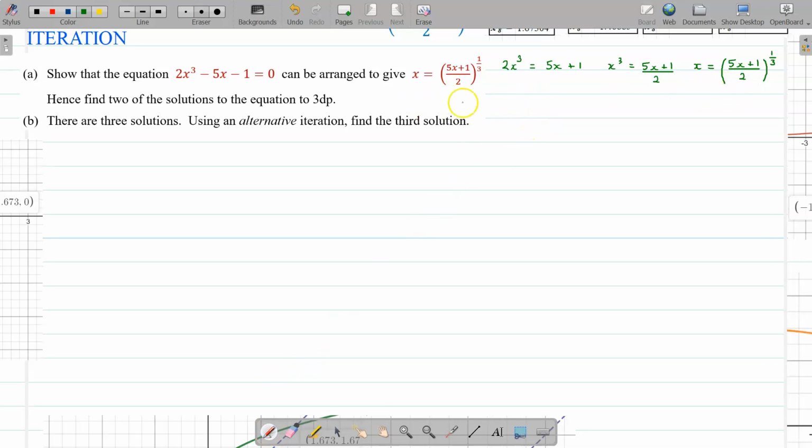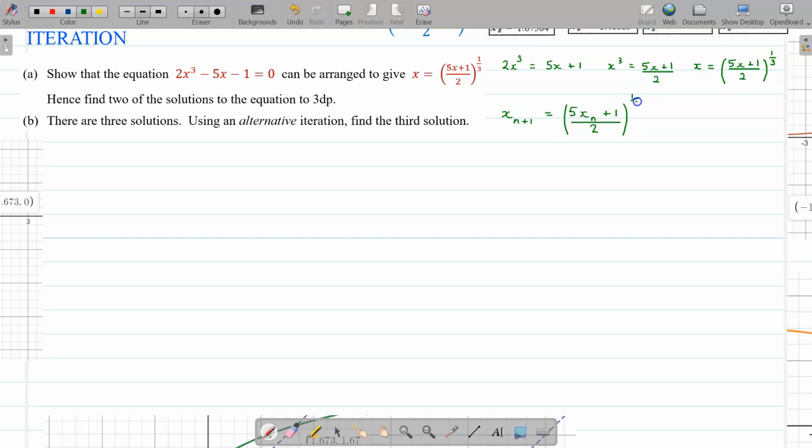So we start by saying a better approximation of the root, x n plus 1, is equal to the previous value put into this function, 5 times x n plus 1, all over 2, and that is raised to the power of a third.